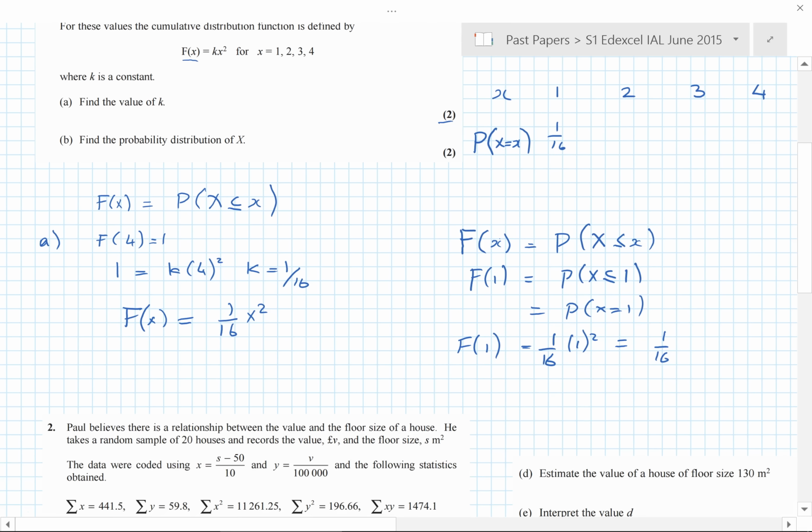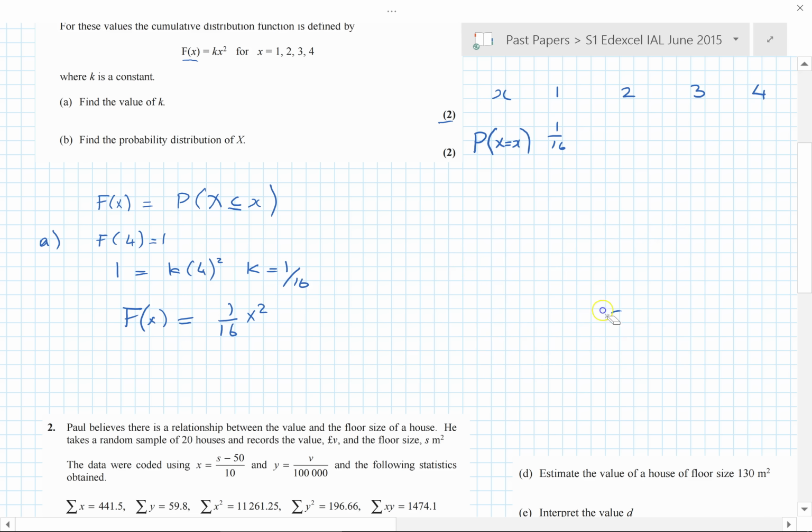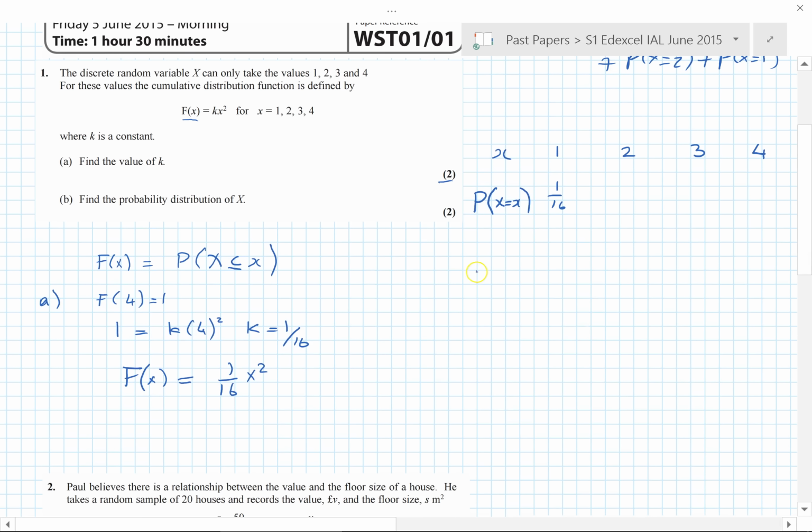Now F(2), let me rub some of this out to make some space. F(2) is equal to the probability that X equals 2 plus the probability that X equals 1.